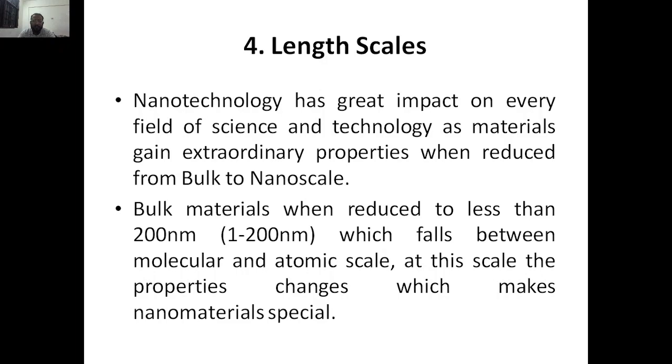We discussed the gold nanoparticles, where its melting point changed, and as we changed the size, its optical properties were getting changed. So all these things come into the picture, where we can say that certain things are changing.